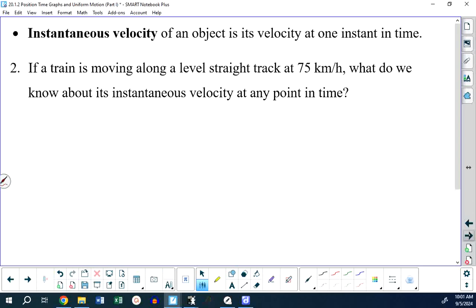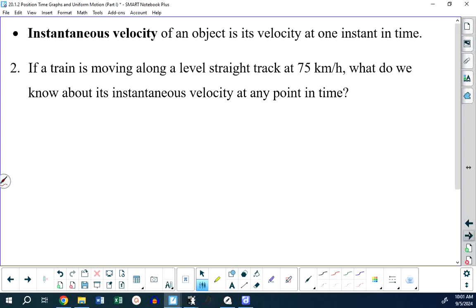Okay? Kind of. There's something else to it. So instantaneous velocity is the velocity at a single instant in time. Do you agree that that can be changing over time? You can be in a vehicle and you know what your instantaneous velocity is right now, but a short time later it's different?